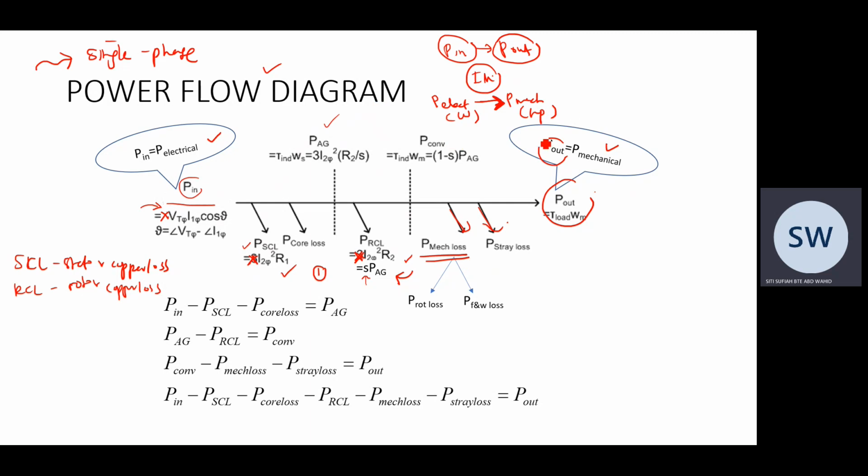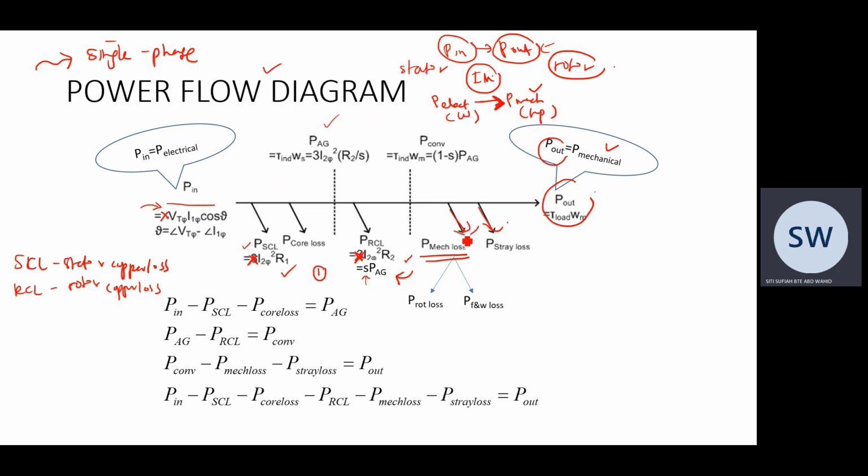The fourth loss is the mechanical loss. This is in, this is out, right? Throughout the output side, that is where you have your mechanical loss, on the rotor. Input electrical enters the stator. When you have a rotating part on the output side, of course you'll have mechanical loss.